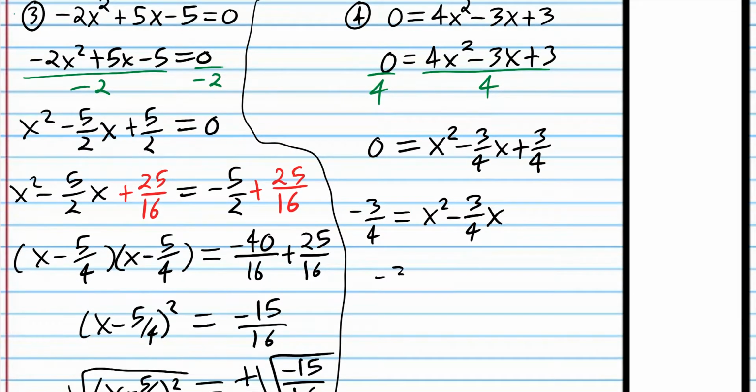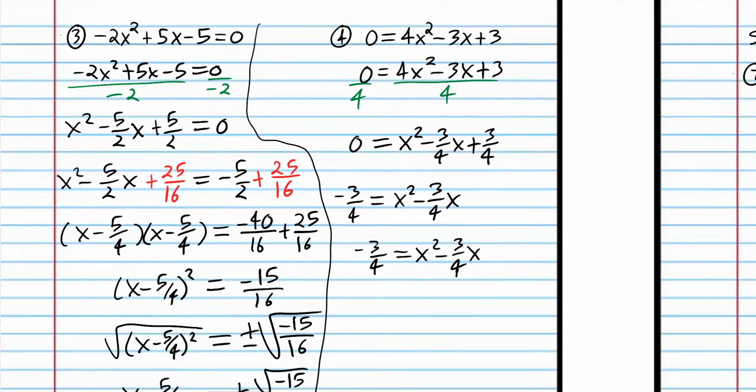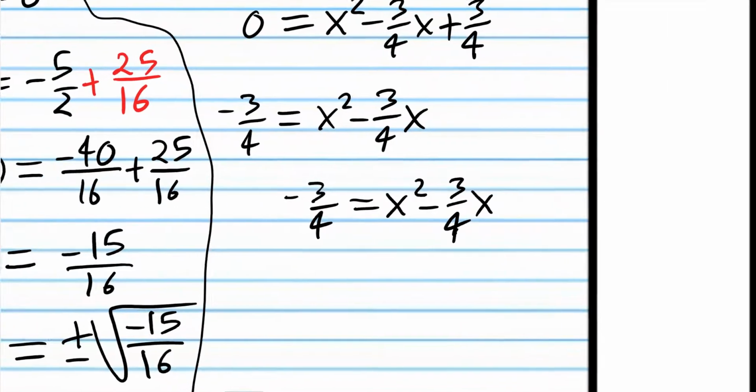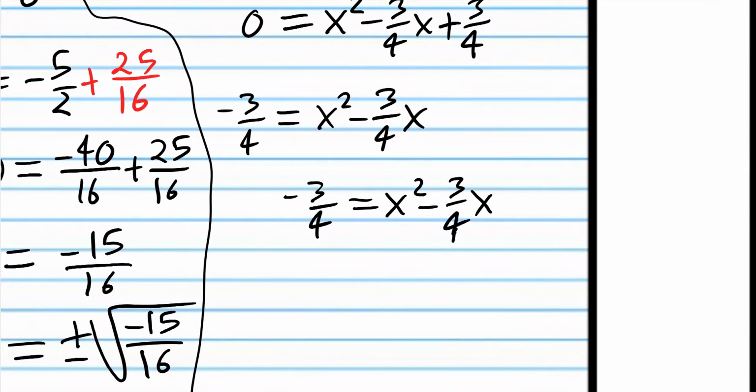And now, of course, we're ready to complete the square. And so we take 3/4 and we divide it by 2 and then square it. And we get 9/64.